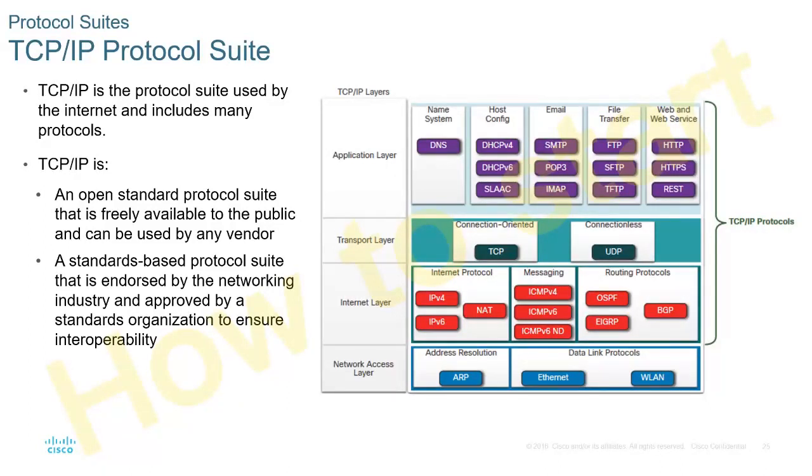So the TCP/IP protocol suite is made up of several protocols. How we define our application protocols, they break them down into like name systems, host, email, and so forth. Here is the different groups for the transport layer, and again the protocols that operate them, and at the internet layer. And again, they break them down into internet protocols, messaging, and routing protocols.